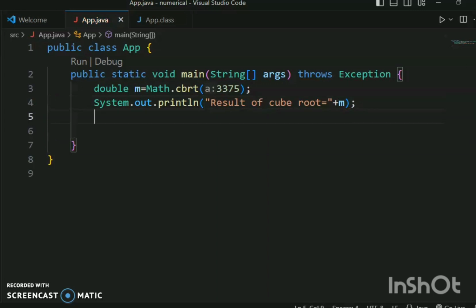Next I can write double n. cbrt means cube root. I will find out the cube root with Math.cbrt.